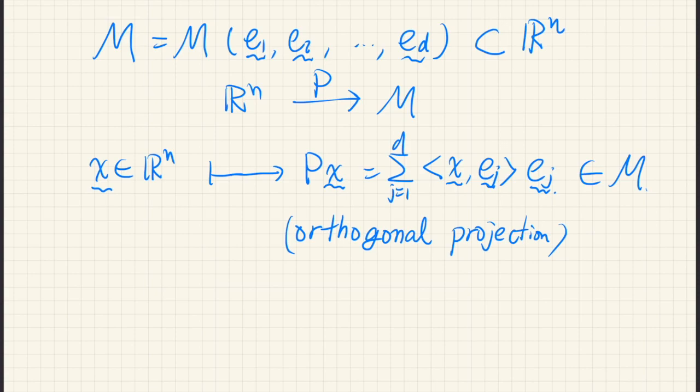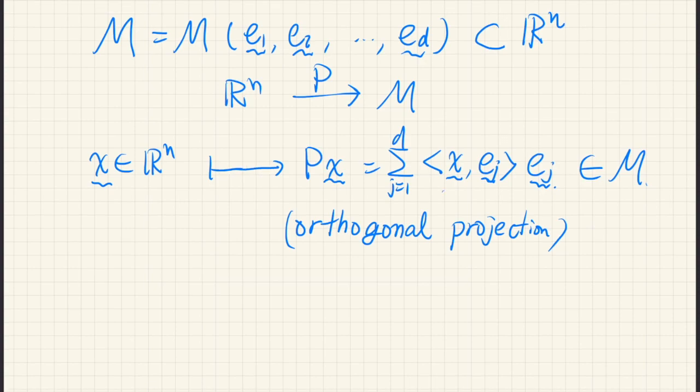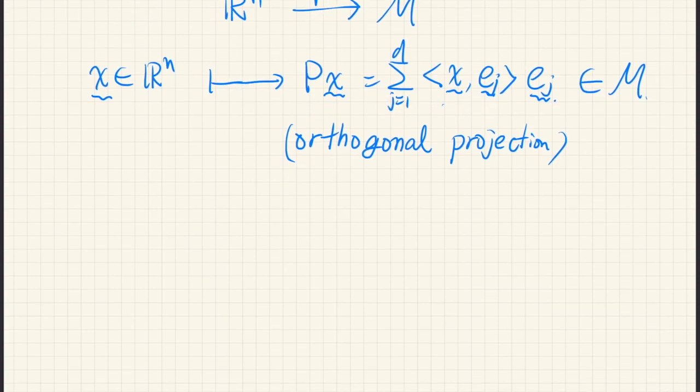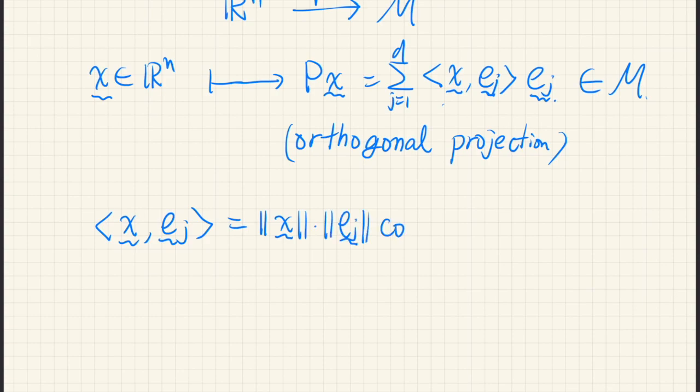Okay, let's start. First of all, let us consider the meaning of this projection operator. First, let's consider this inner product. According to what we have learned before, this is equal to the norm of x times the norm of e_j times cosine theta, where theta is the angle between the two vectors.